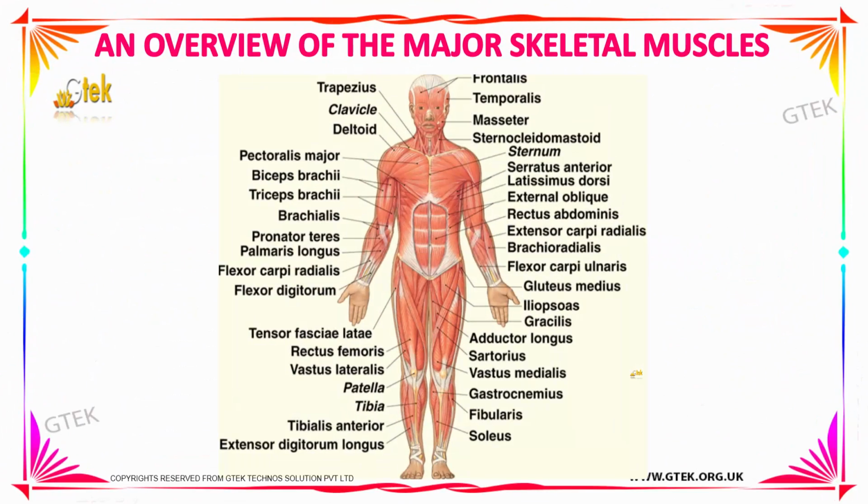So here what you are seeing is the overview of major skeletal muscles. Here you are able to see the muscles such as deltoid, biceps brachii, triceps brachii, your latissimus dorsi, your frontalis muscles.